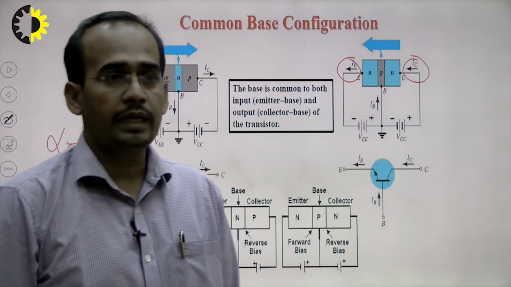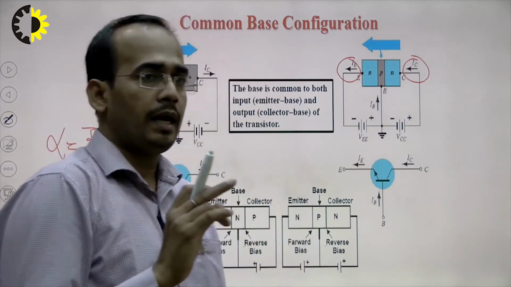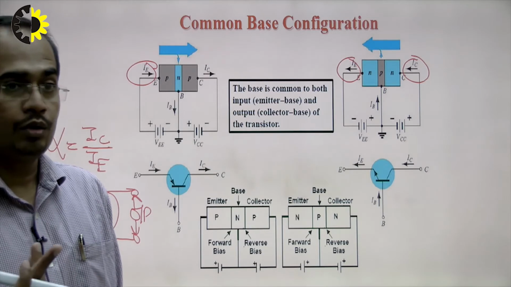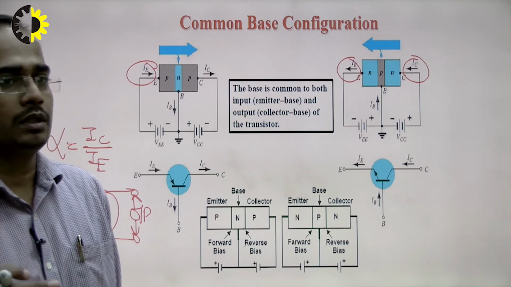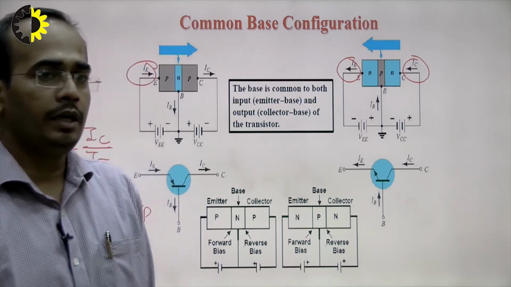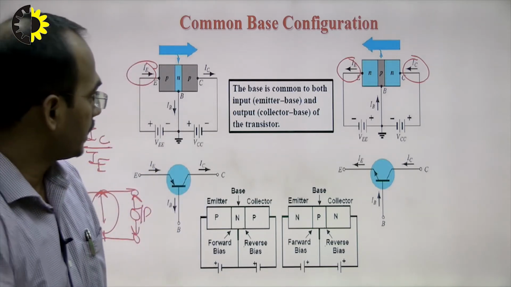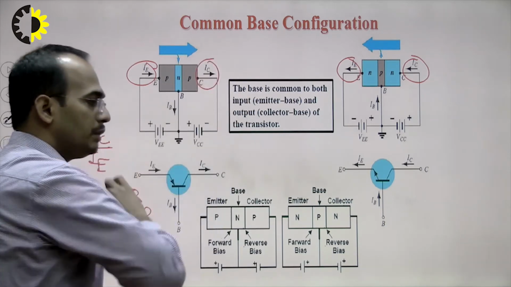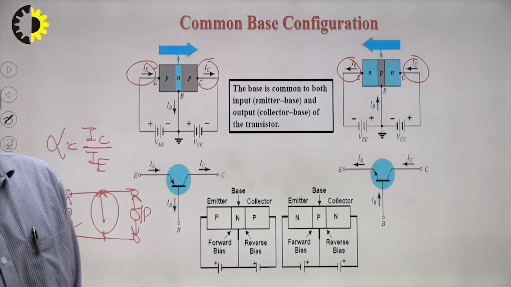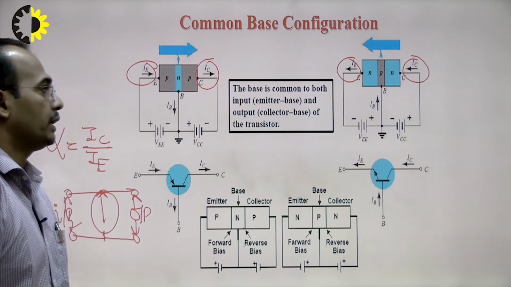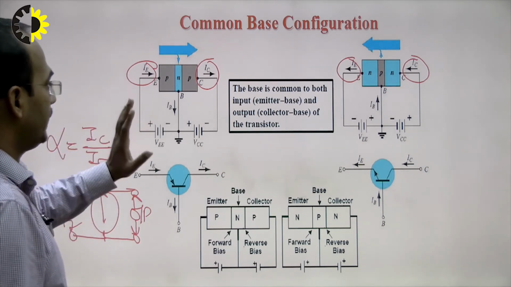So the input characteristic will be drawn between IE and VEB by taking the output voltage VCB constant. For different values of VCB, we can draw the input characteristic. Similarly, the output characteristic will be drawn between IC and VCB, output current and output voltage, by taking different values of input current IE.